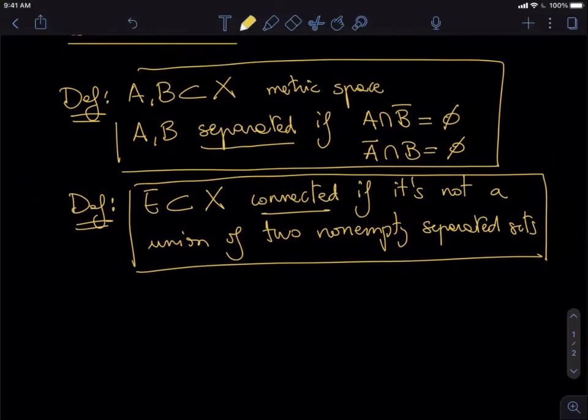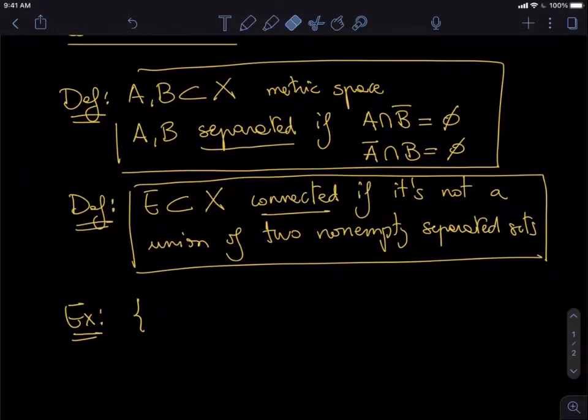For instance, let's start with something simple. The set of points in R such that the absolute value of x is in between 0 and 1. Is it connected or not?